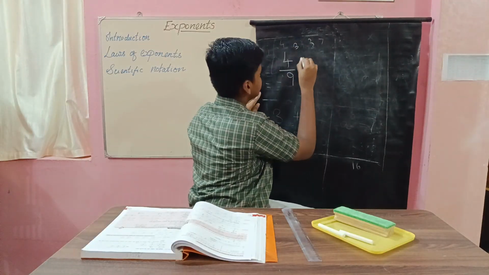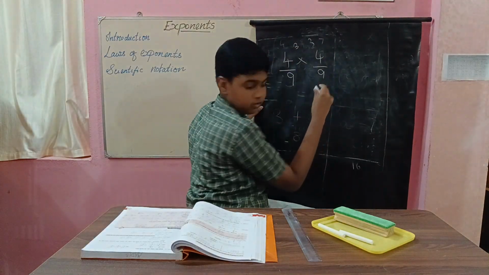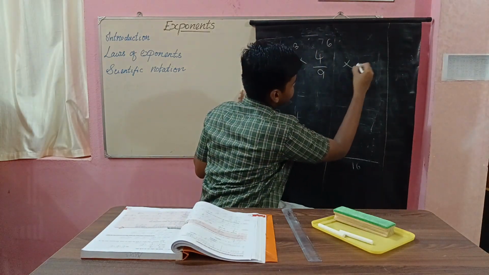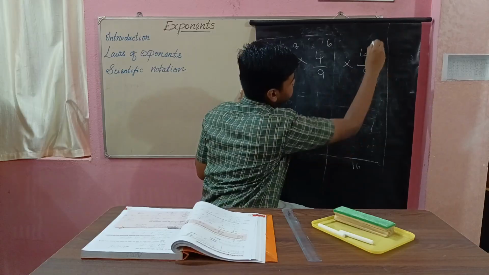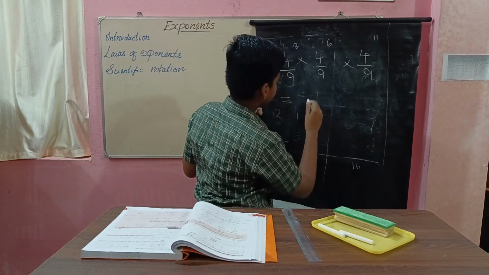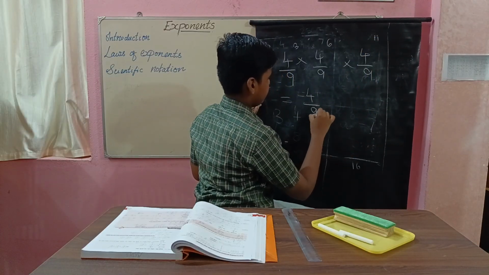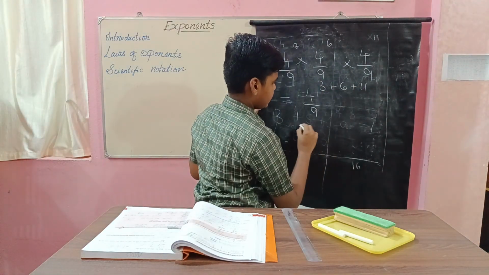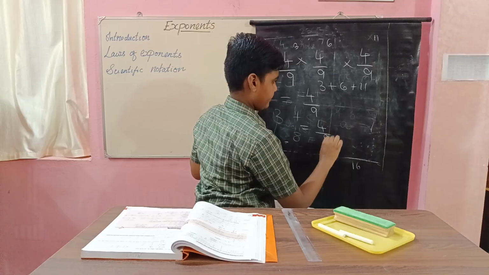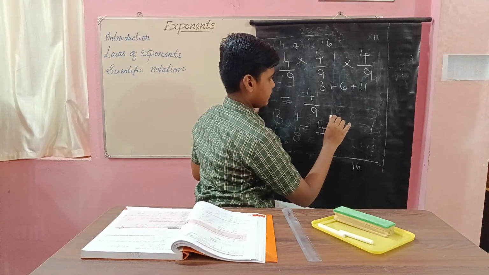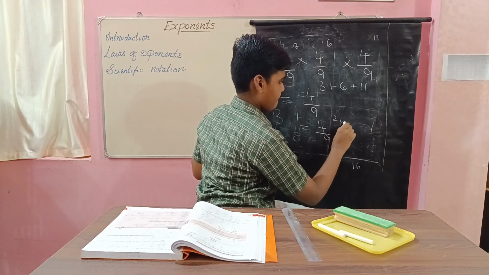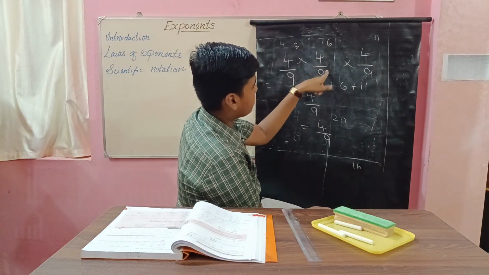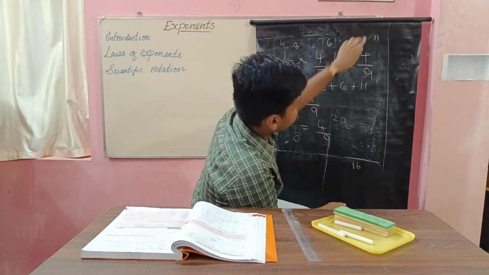4 by 9 to the power of 3 into 4 by 9 to the power of 6 into 4 by 9 to the power of 11.